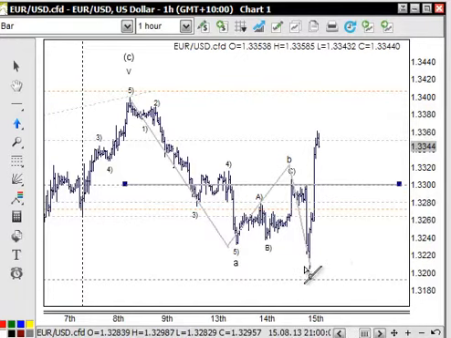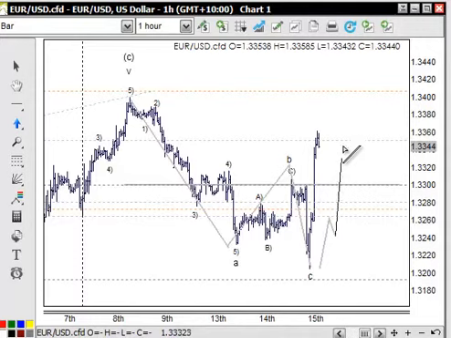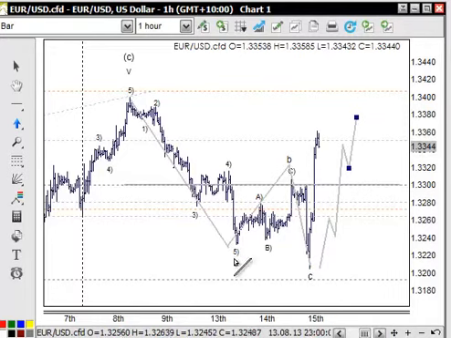Now, this move up through here, if this is an A and a B and a C, then this move up here would be wave 1, and we would be looking for a 5 wave structure in through here. But that can also be the same as the other count, where we had the expanded flat, the move down through here is wave 1, the A, the B and the C here.